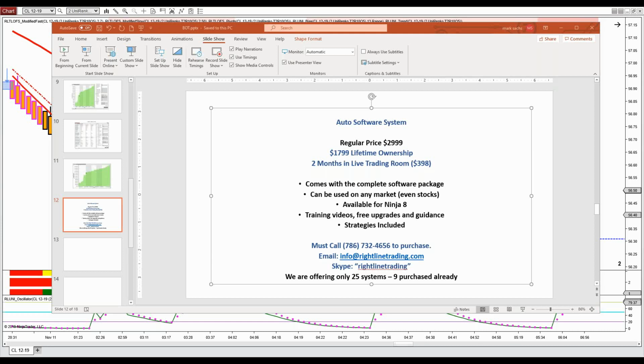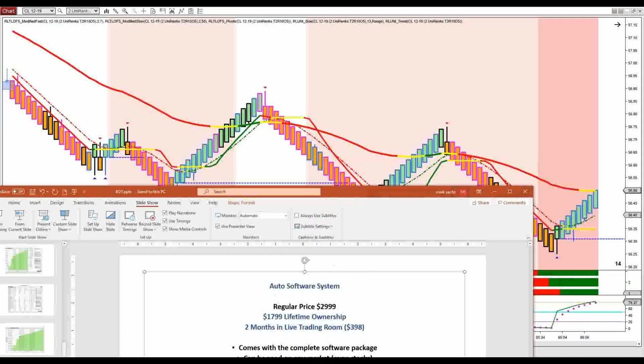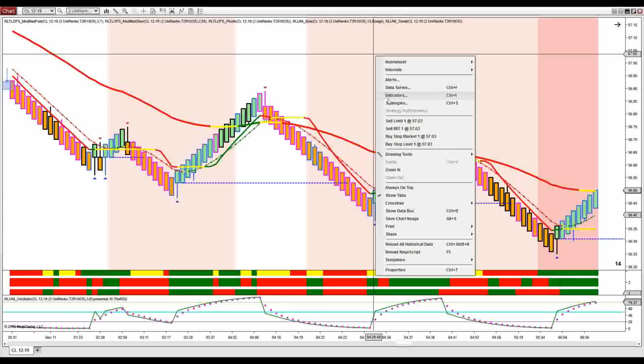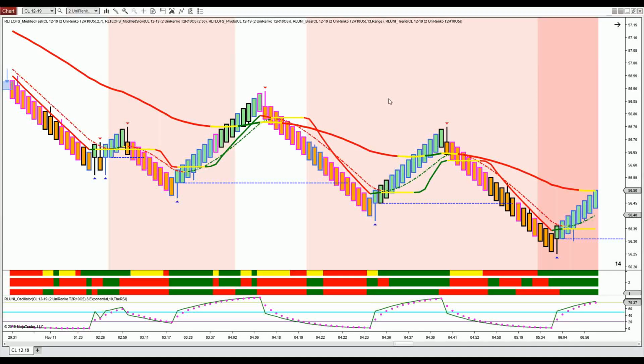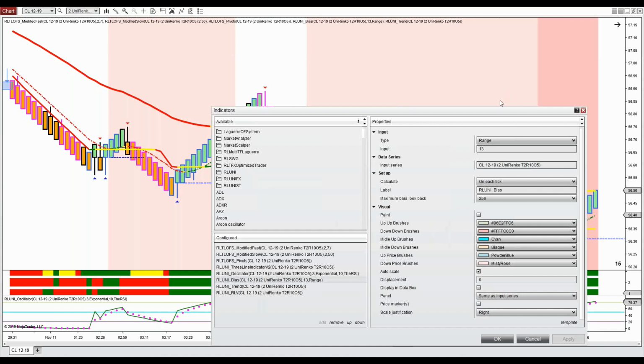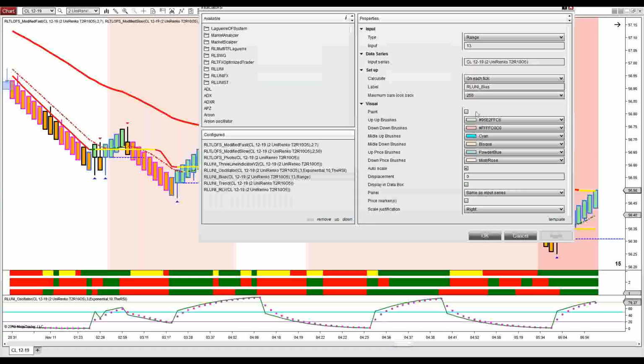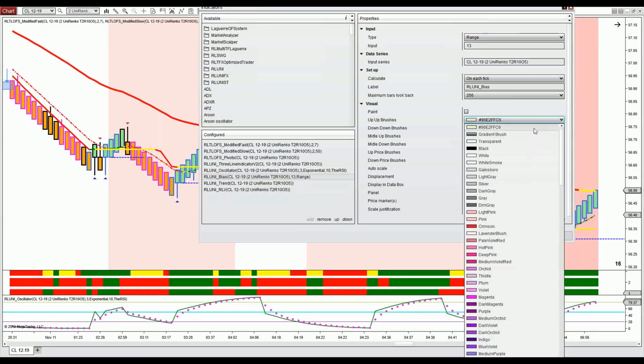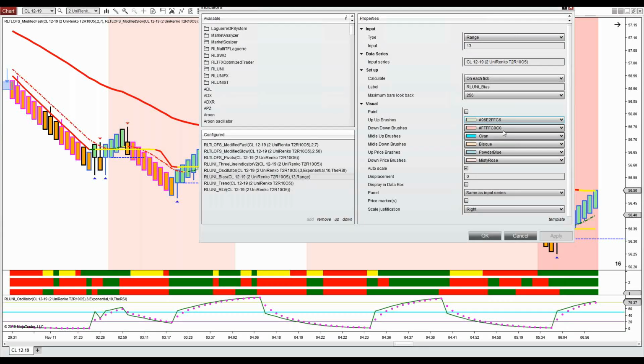Hey, Rob. Oh yeah, all the colors can be changed and configured. I can just show you really quickly. If I go to the indicators and open them up, unless I go to the bias, you see how these colors are all set like this. You can put any color you want into any of these.